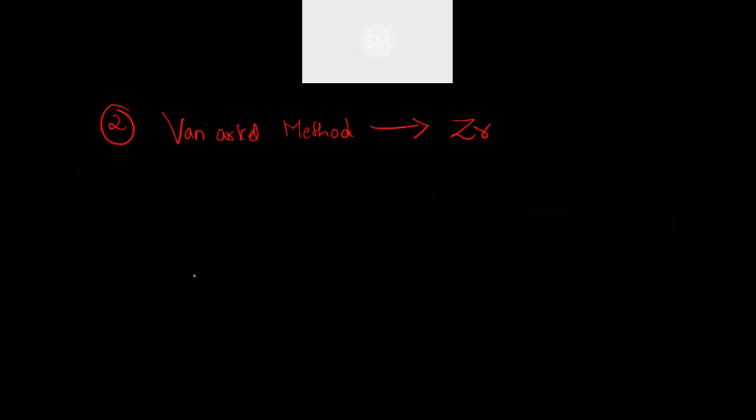Now see, again the method is the same, but the reagent taken is different, because zirconium is found to form a stable compound with iodine. So zirconium in its impure form is made to react with iodine at a temperature of around 870 Kelvin, and it forms zirconium tetraiodide in the gaseous state.